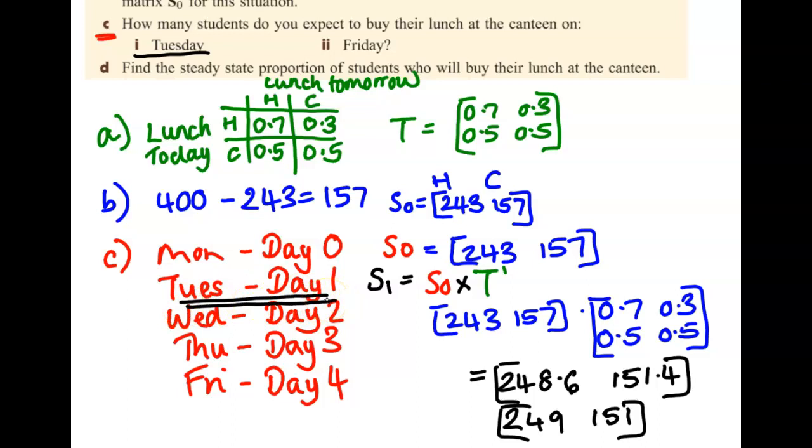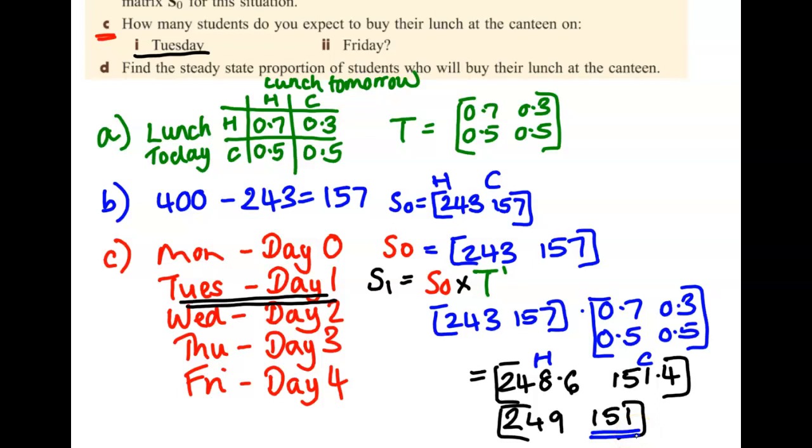And remember, we're keeping everything in the same order. So we would have home and we would have canteen. Here it says how many students you expect to buy their lunch at the canteen on Tuesday. The canteen is 151.